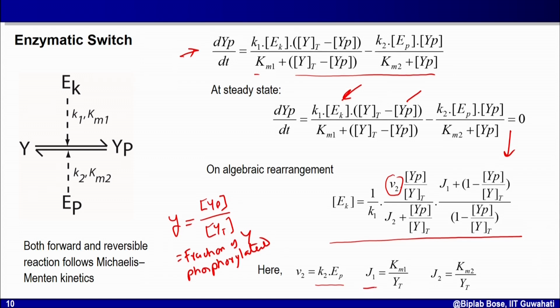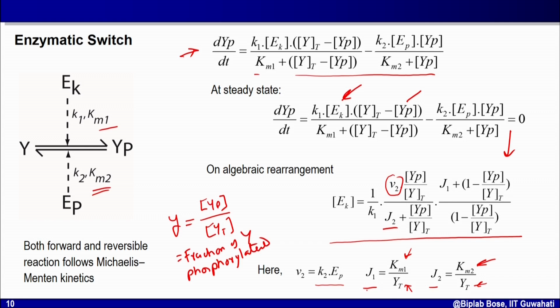J1 is another parameter. J1 includes two things. One is Km1, that is the Michaelis-Menten constant for the forward reaction, the kinase reaction, and the total amount of the substrate is Yt. Similarly, J2 used here is represented by Km2 by Yt. So I have replaced Km2 by Yt with the parameter J2. Km2 is the Michaelis-Menten constant for this reverse reaction, dephosphorylation, and Yt is the total amount of the substrate, Y plus Yp.